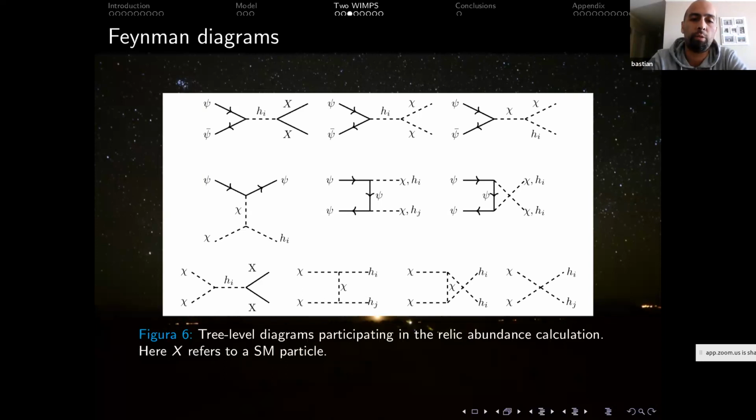It's not easy to deal with all of them manually, let's say. So Micromegas in that sense is a very powerful tool that takes into account all the processes and calculates them in a very precise way, and it solves the Boltzmann equation. So next slide, please, Antonio.